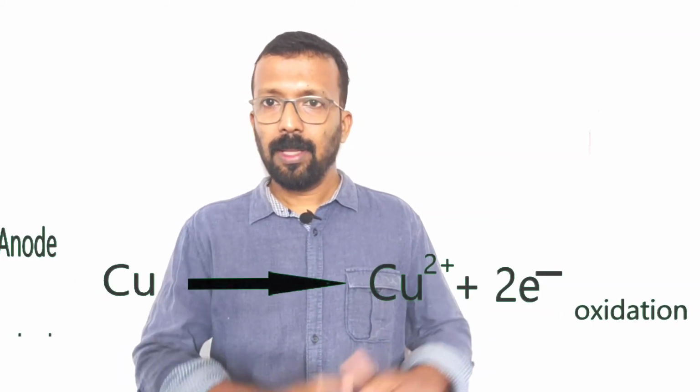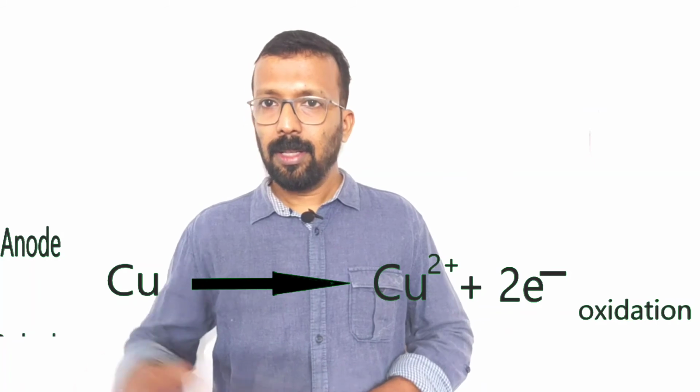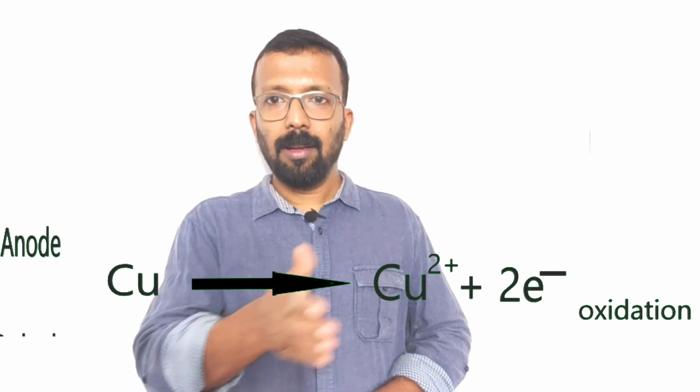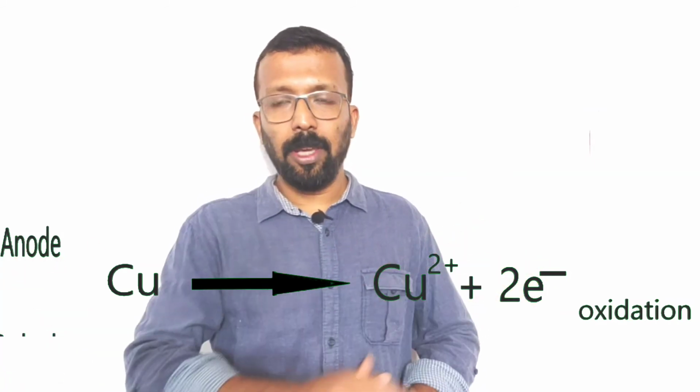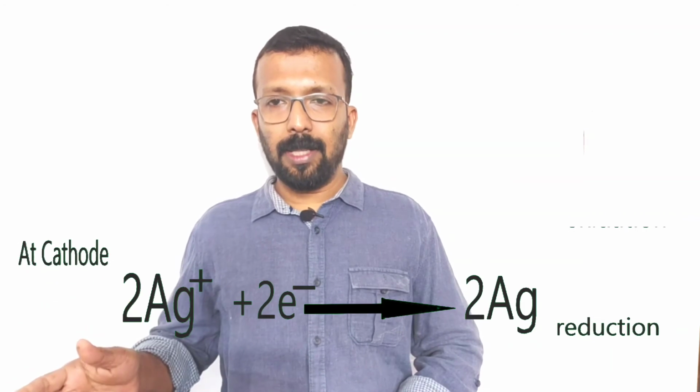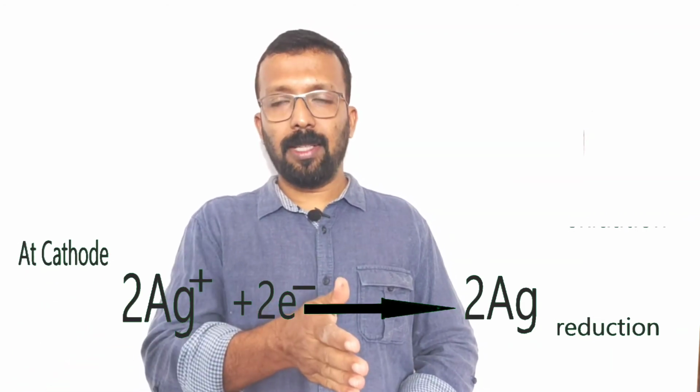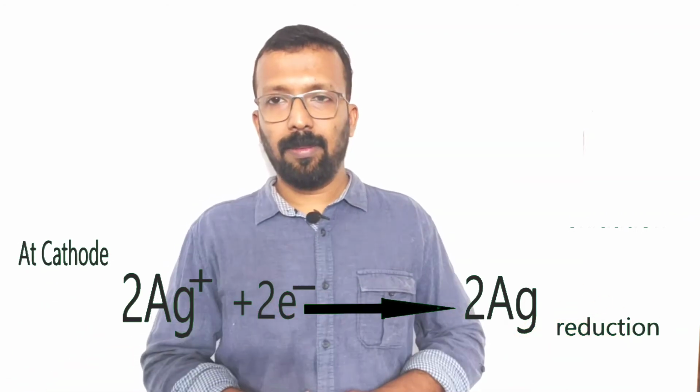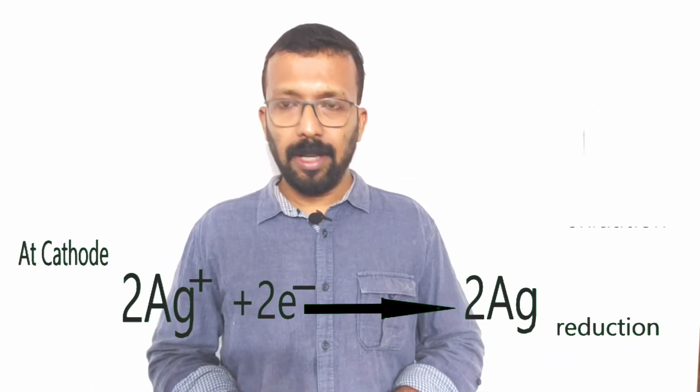The reaction taking place at anode is, at anode, Cu gives Cu2+ plus 2e−, loss of electrons, oxidation. At cathode, 2Ag+ plus 2e− gives 2Ag, gain of electrons, reduction.